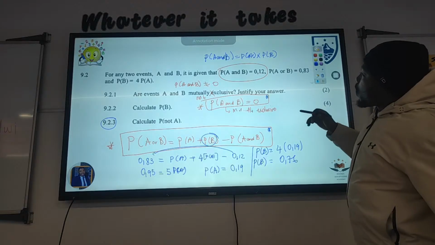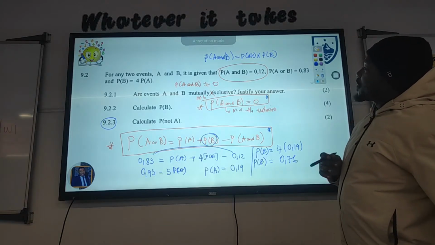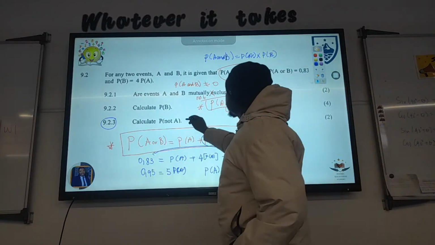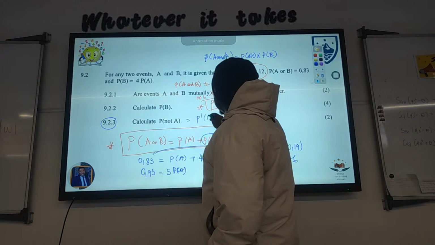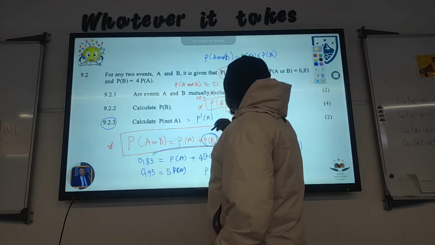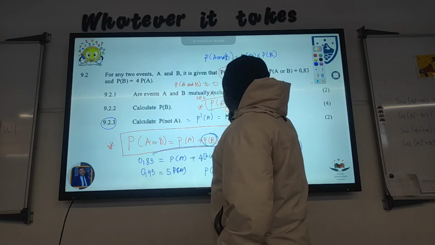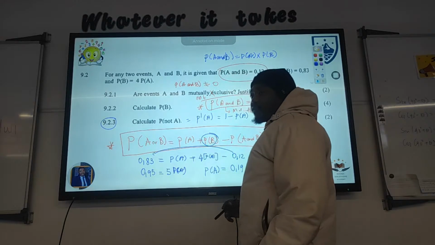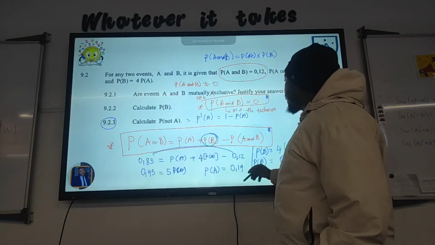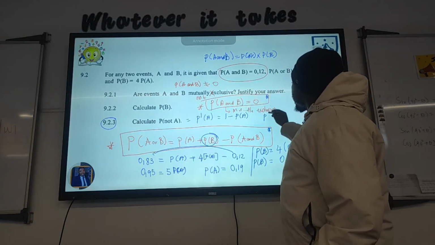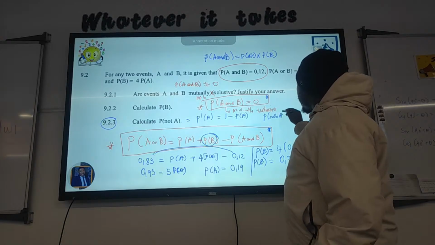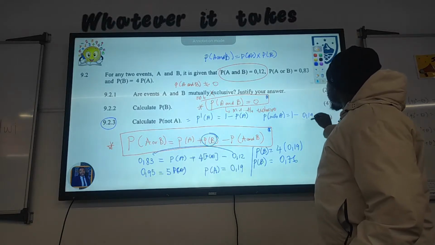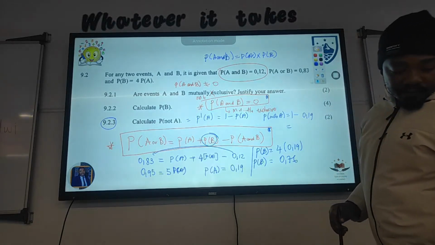And then what it calculates, P(not A). Normally, they can also write this. Ne? So what we can do, this will be the same as 1 minus the probability of A happening. Because already we have the probability of A happening, P(not A) will simply be 1 minus P(A), which is 1 minus 0,19.